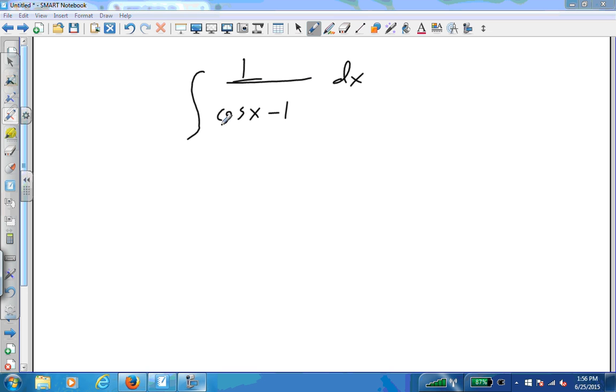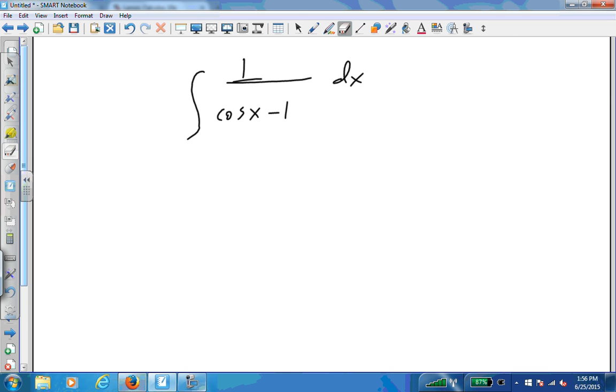If we let u be cosine x or cosine x minus 1, then du would be a negative sine. We don't really have a negative sine. If we tried to put that up here, the opposite down here, we would run into something messy, kind of like we did with the e to the x's.